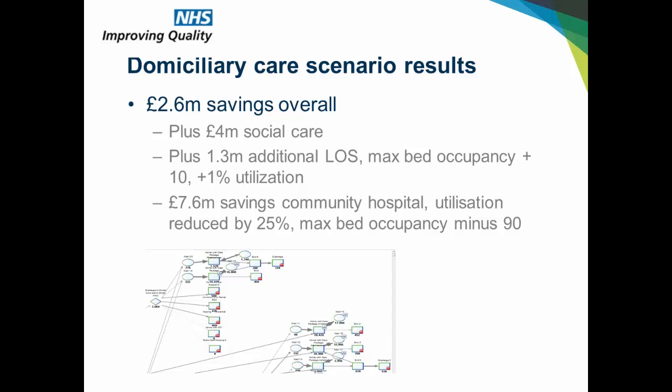Of course, there would be that additional funding required for the additional length of stay whilst assessments were carried out. But in fact, their maximum bed occupancy only went up by 10, which is an overall additional 1% utilisation. And they felt that actually that kind of result was a result that the system could live with.